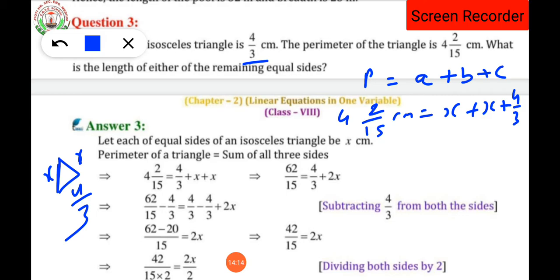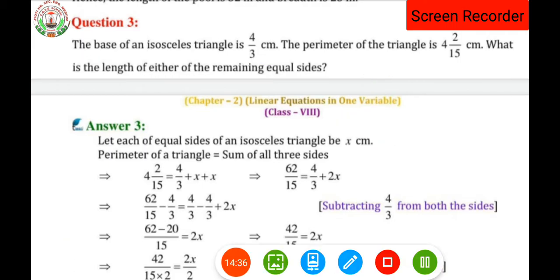So here a mixed fraction is given. You can change it into an improper fraction. Everybody knows how to change. That is whole number into denominator plus numerator. That will be the formula for changing. So 4 into 15 plus 2 will be 62 upon 15. Everybody knows how to change, or I will show you again.